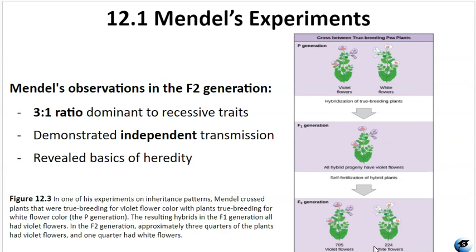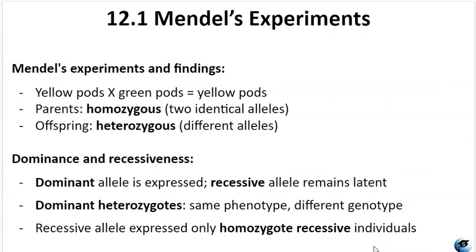Mendel's findings, based on the principles of probability, revealed the basics of heredity, because he was able to demonstrate that traits were transmitted as discrete units. They were independent of each other, and by applying the product and sum rules of probability, Mendel was able to predict the outcomes of the crosses. When true breeding plants with yellow and green pods were crossed, the hybrid offspring all had yellow pods.